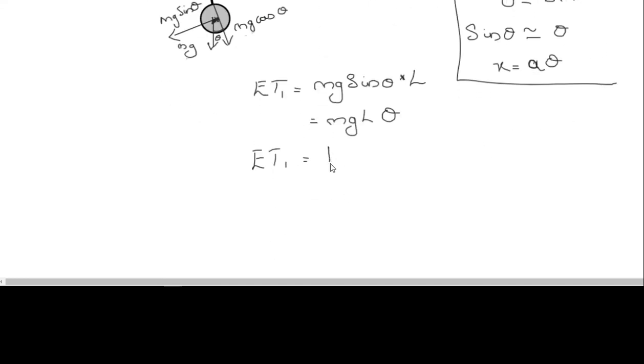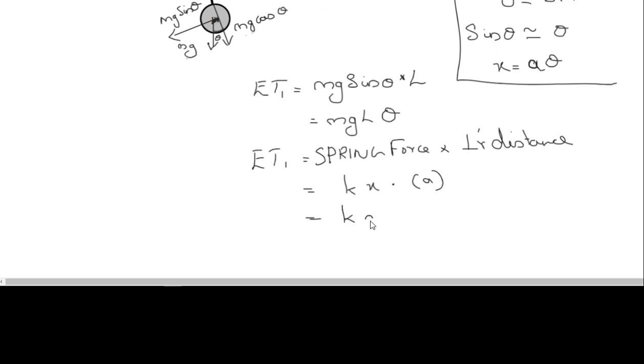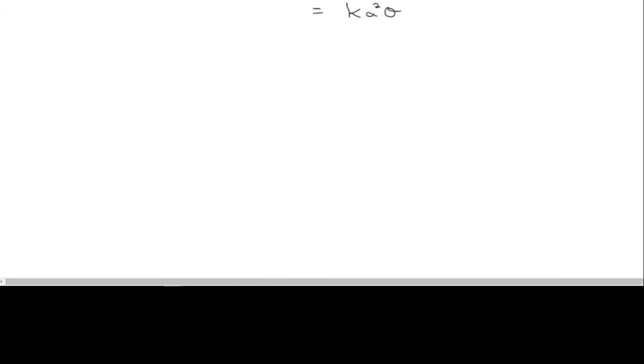That will be equal to spring force times perpendicular distance. So spring force, we know, is stiffness times displacement, kx, and the perpendicular distance is a. Putting in the approximation x equal to a theta, k times a times theta times a gives k a square theta.